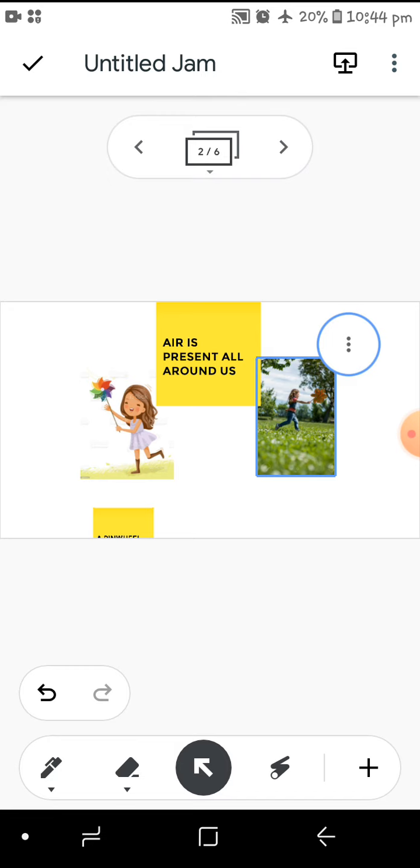You will note that the pinwheel rotates fast when there is a breeze blowing. Now, what makes these blades rotate? It is the moving air that makes the blades rotate, so air is present all around us.